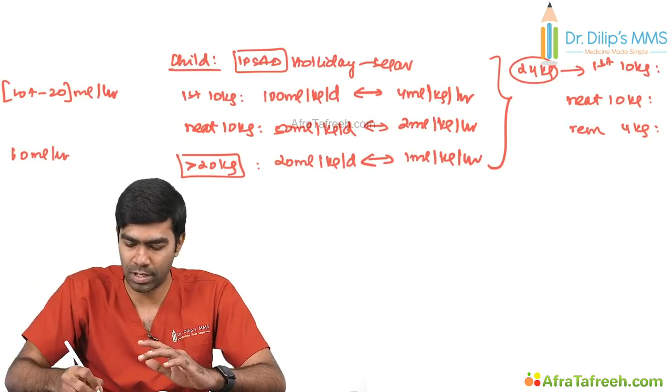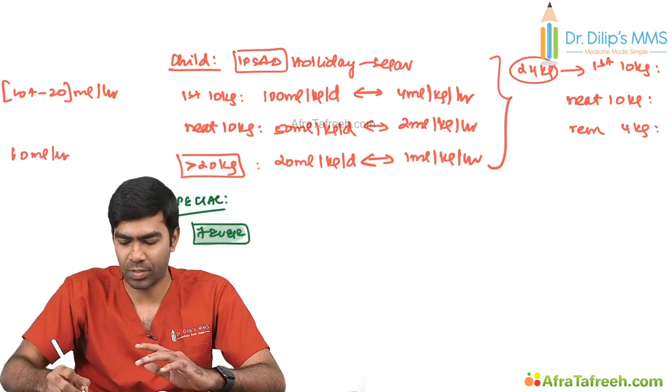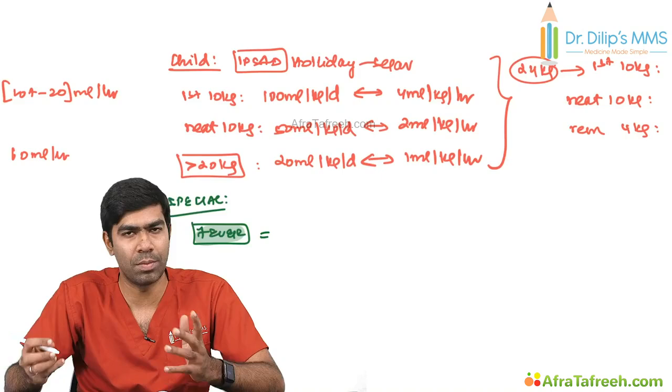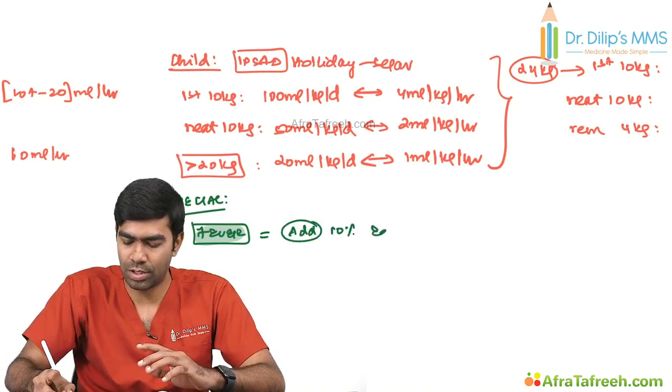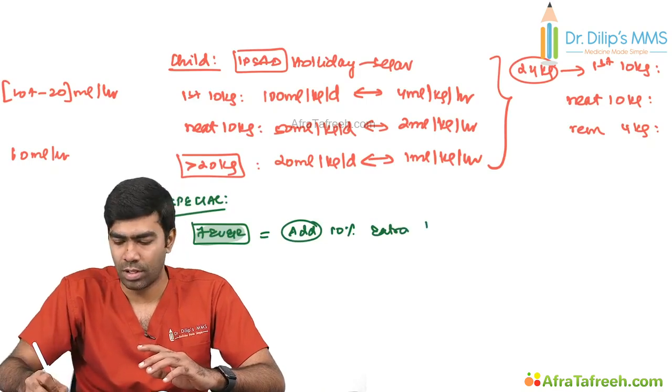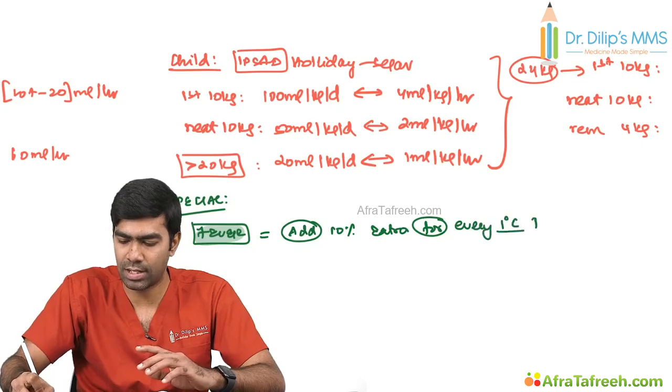But there are some special problems that you're going to face. In the sense, if the child is having a fever, in this setting, I have to give extra fluid because there will be more insensible water loss. So I have to add 10% extra fluid to the maintenance regime for every 1 degree Celsius rise in the body temperature.